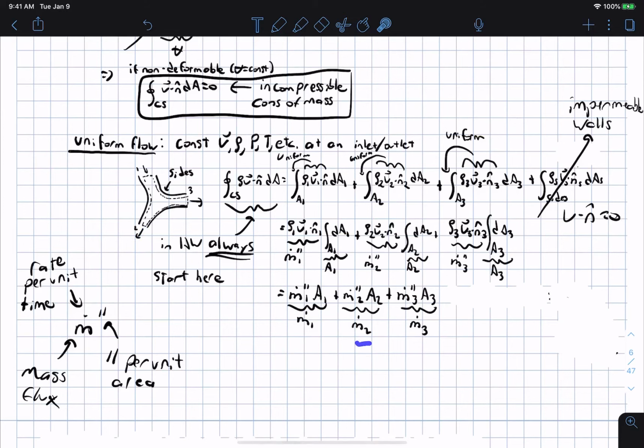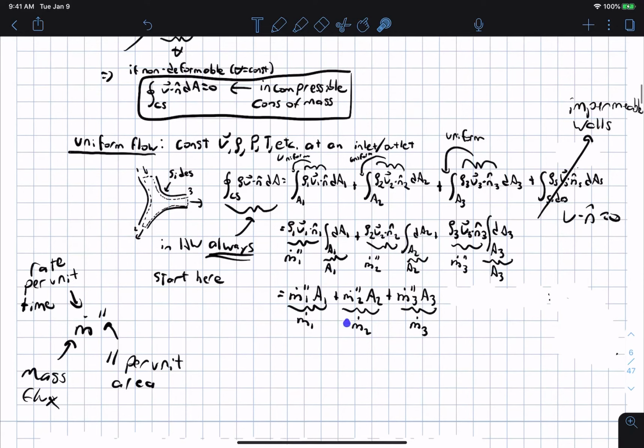I just leave this as m dot 2 because the velocity dotted with n hat will take care of whether there is a plus or a minus sign in front of it. This is m dot 3, so this becomes m dot 1 plus m dot 2 plus m dot 3, which equals the sum of m dot over all the surfaces, which is essentially what you used for steady flow in your thermal class.